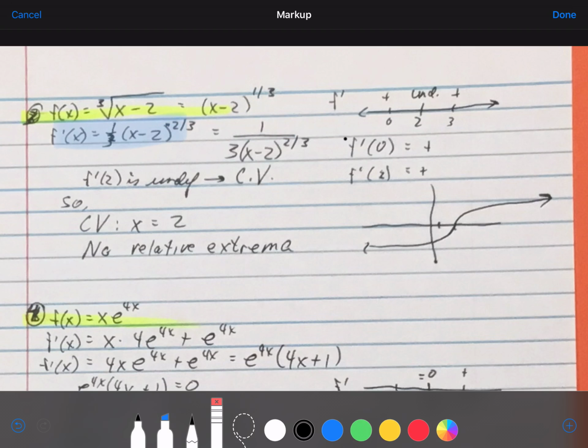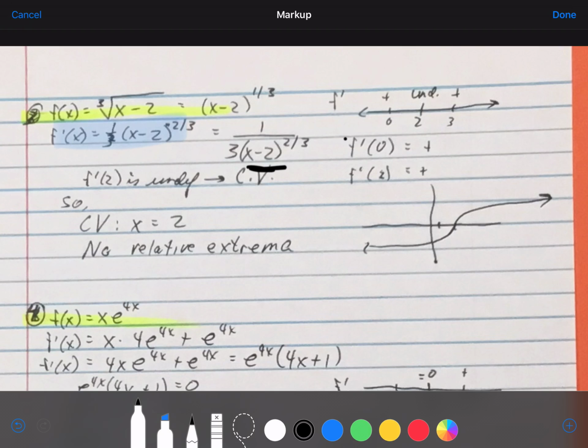In the case of a fraction, it's equal to 0 when the numerator is equal to 0. It's undefined where the denominator is equal to 0. We've got x minus 2 as a factor in that denominator, so x equals 2 is our critical value. That's in this case where f prime is undefined.